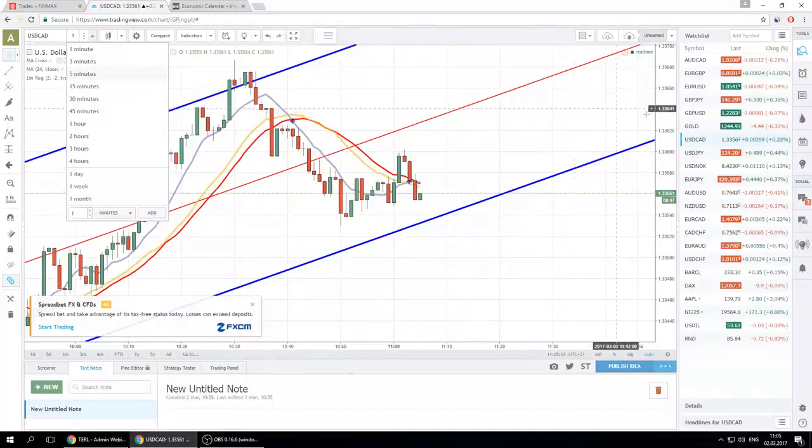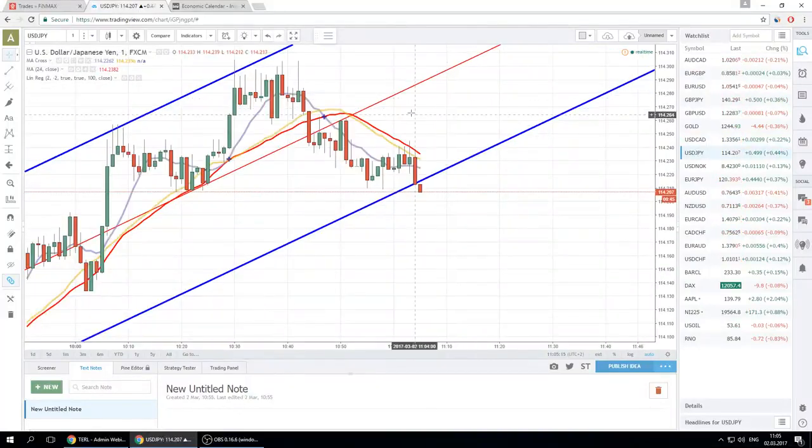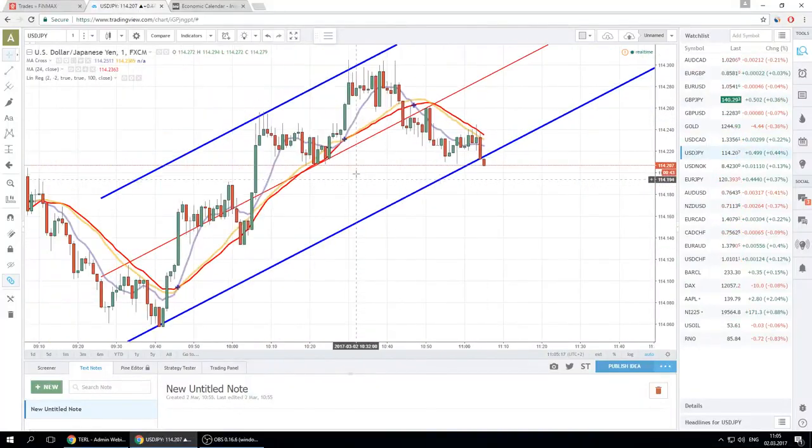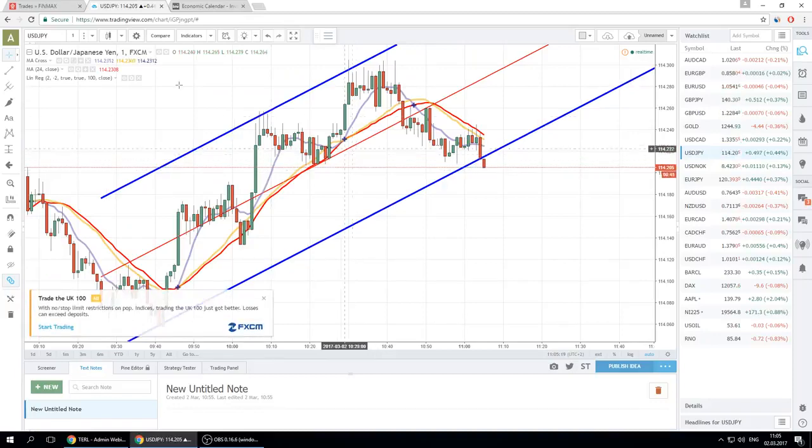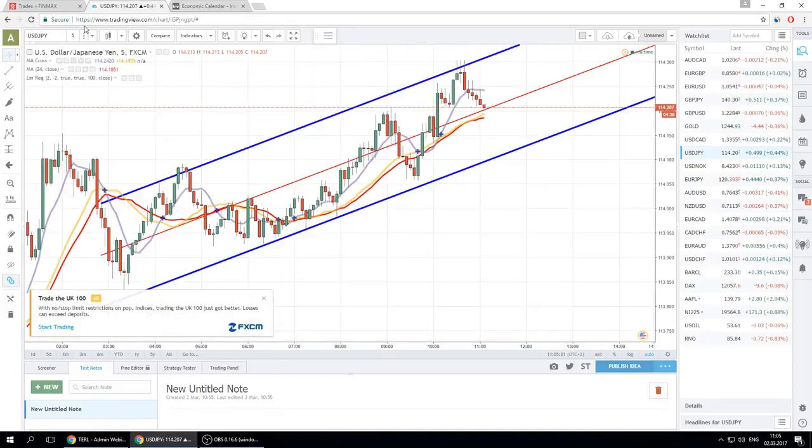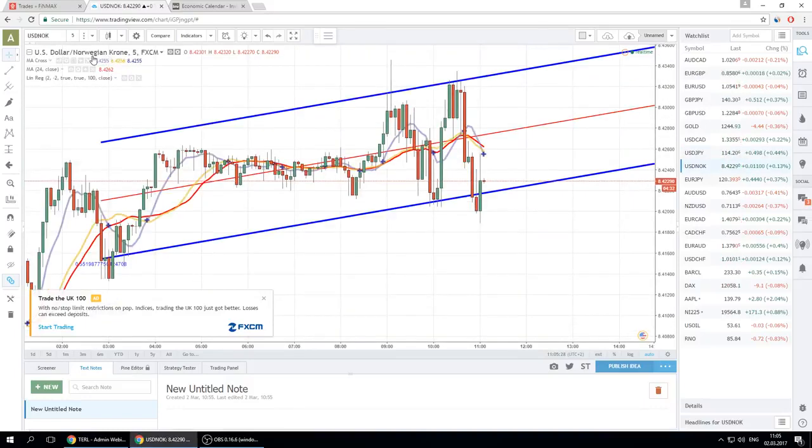And meanwhile, we'll search for more options to trade. So on this chart we see that the American dollar is falling. Let's switch to 5 minutes. Also here not that clear.